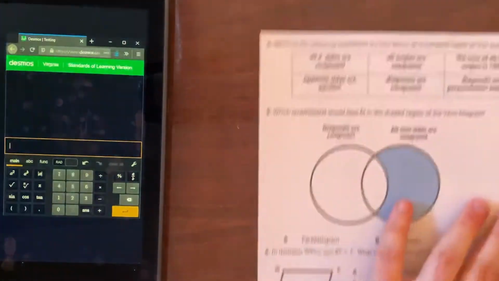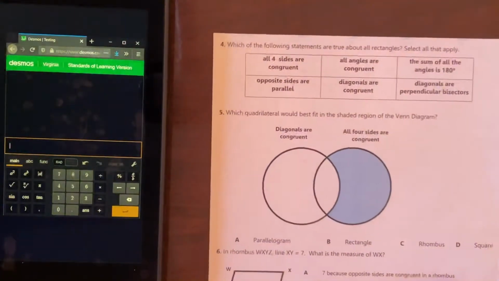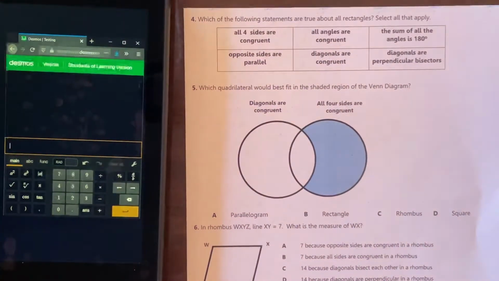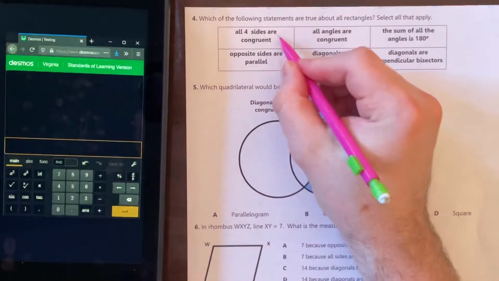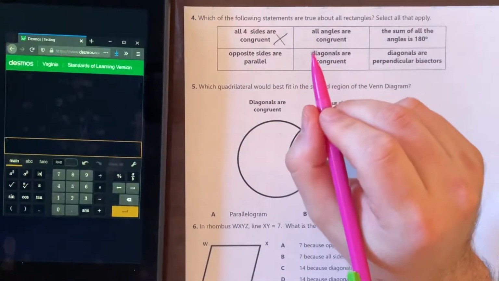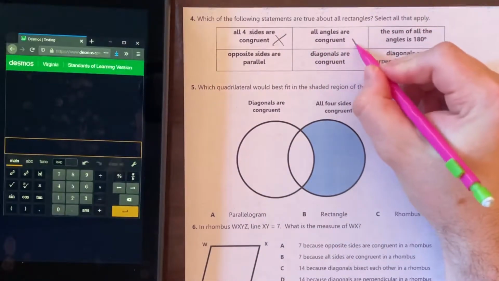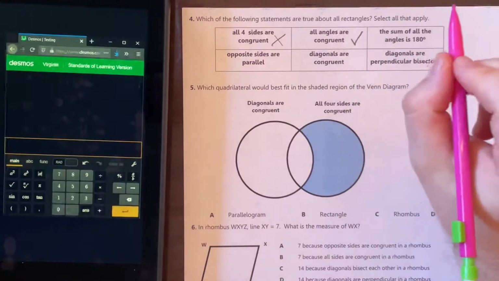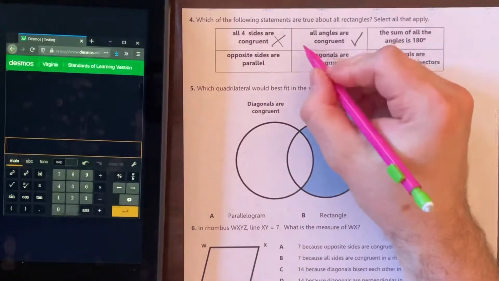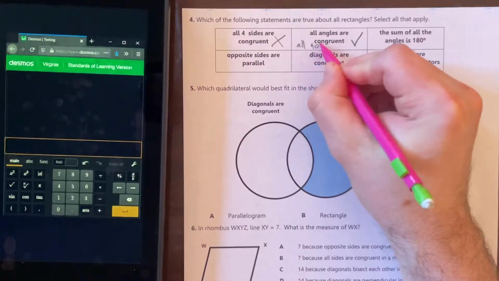Moving on to number 4, it says which of the following statements are true about all rectangles. And so we're going to say, all right, are all sides congruent? Not necessarily. However, all angles are going to be congruent. They're all 90 degrees, so we're going to say all 90 degrees.